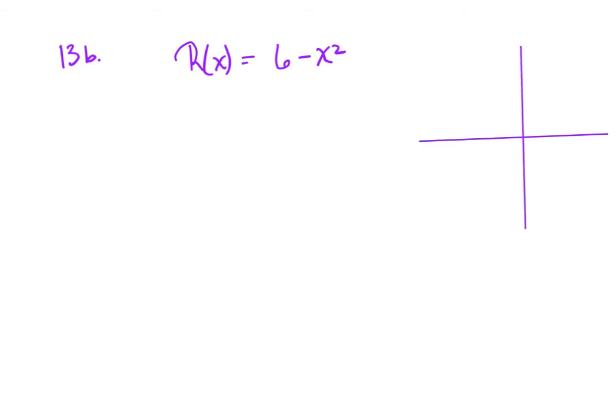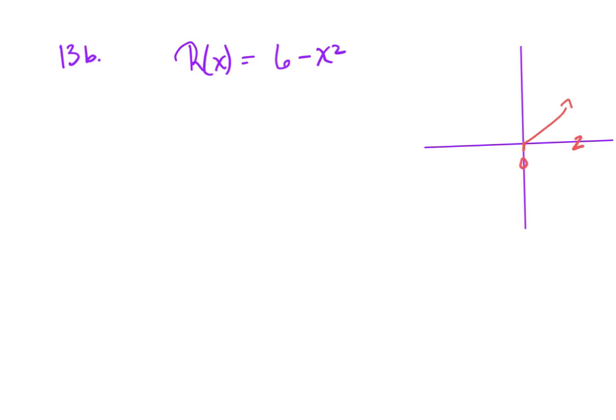So to finish out 13b, we said that the larger radius is going to be 6 minus x squared, because if you'll recall, on the graph, the x squared was actually closer to the x-axis from 0 to 2.